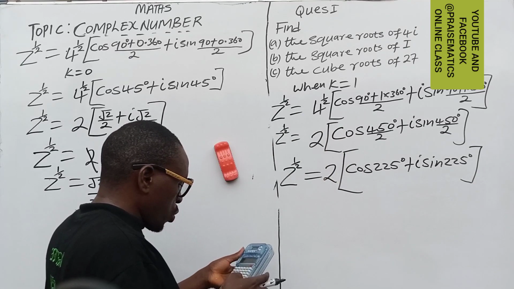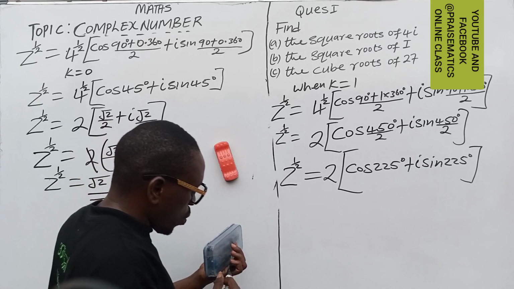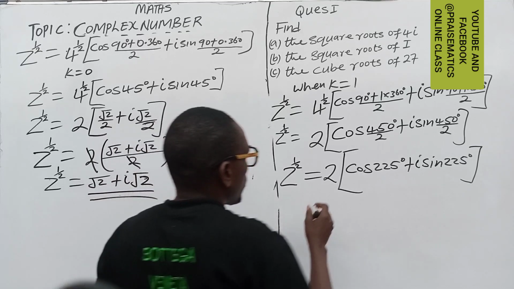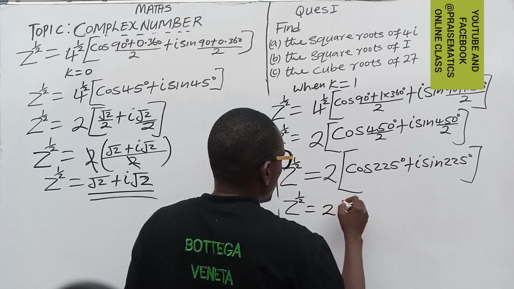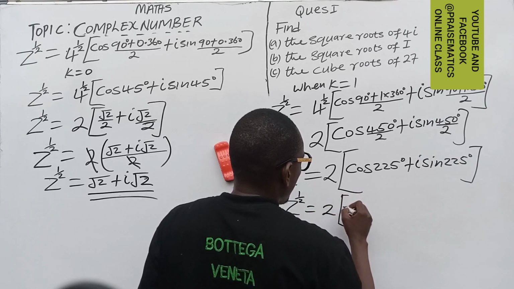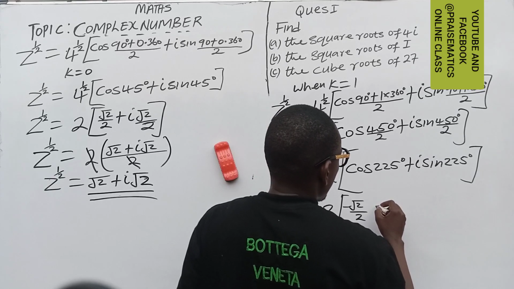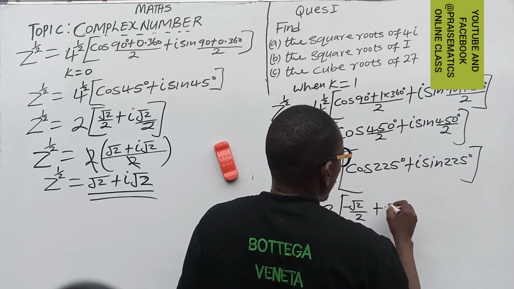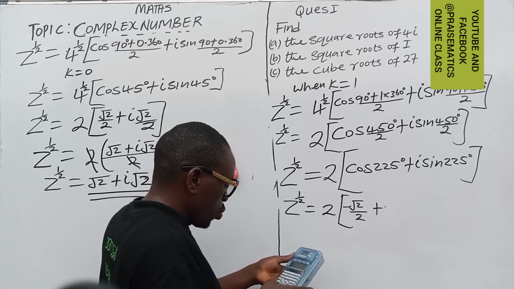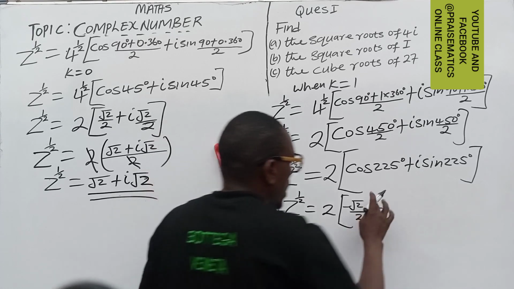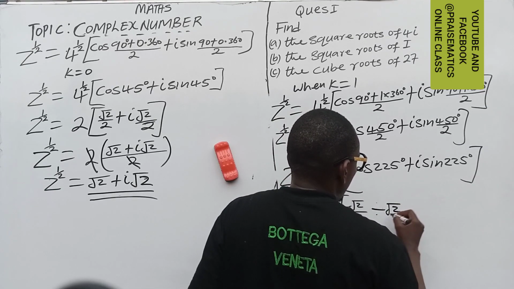Cos 225 is minus root 2 over 2, and sine 225 is also minus root 2 over 2.